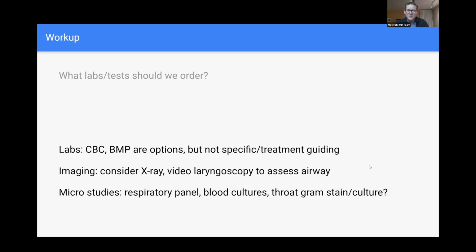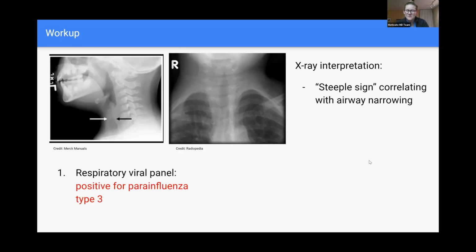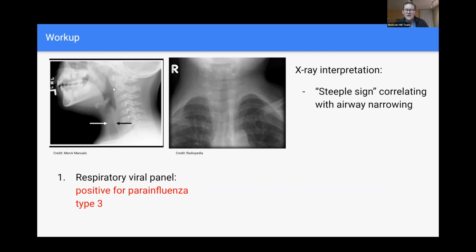Great question. So here are the results from our studies. We did get an X-ray. The first thing that I want to draw your guys' attention to is that I have a couple of views here. This first one is showing a lateral view. So it's like the patient is sitting facing to the side and it's doing a cross section through the midline.